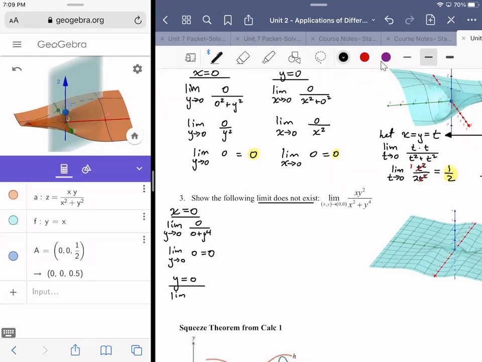So that would be a case where I would replace all of my y's with zeros, simplify, kind of cut to the chase here. We're going to get 0 again anyway. All right.